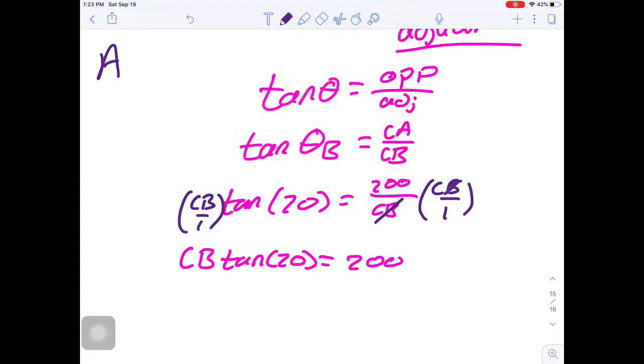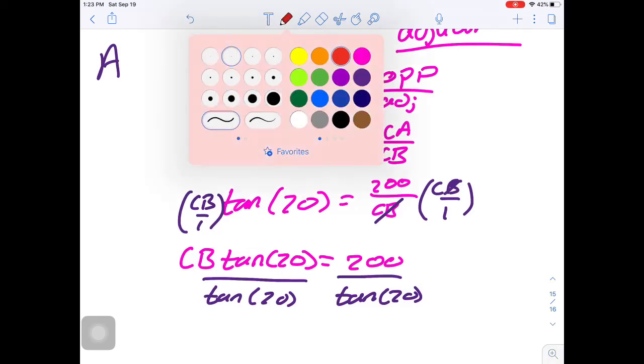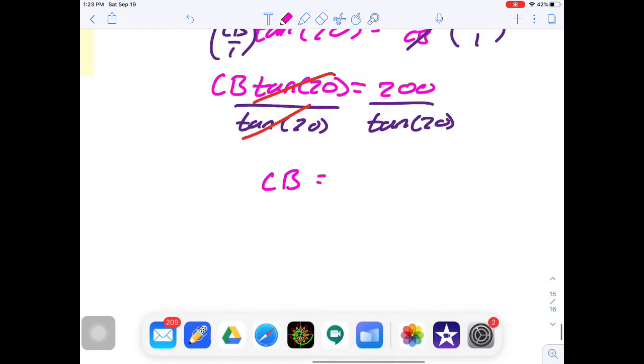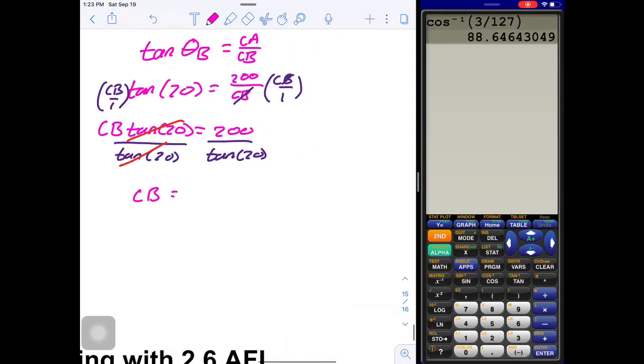And then from here, we can divide both sides by tan 20. Remember, we're dividing by tan 20 to get it to the opposite side. And that's going to nicely cancel out tan 20, and we will get C to B equals 200 divided by tan 20. So let's plug this into our calculator: 200 divided by tan 20.